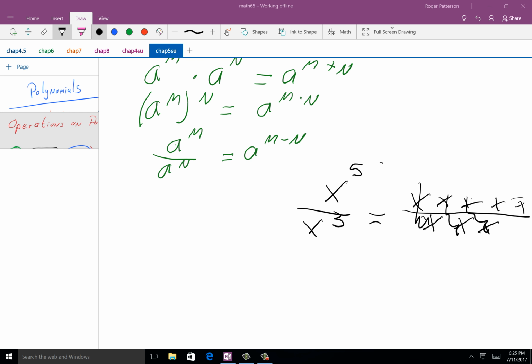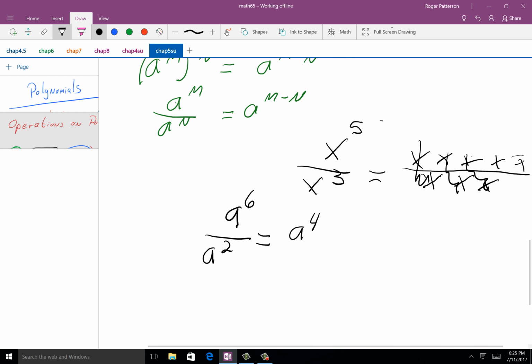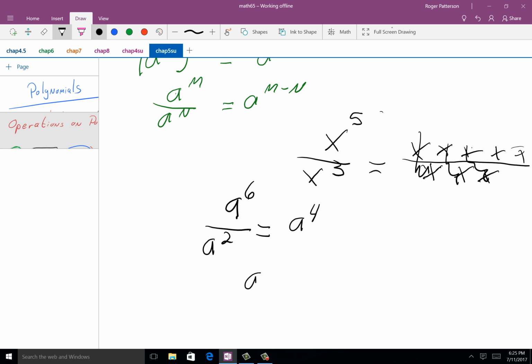All right, so let's try down here. I'll give you a couple examples, and then I'm going to reboot this darn thing. So if I have a to the 6th over a to the 2nd, then I can think of this as 6 up here and 2 down here. So 2 are going to cancel, leave me with 4, or I can just subtract, get a to the 4th. Same thing can happen if we have an a to the 3rd here and an a to the 9th here.